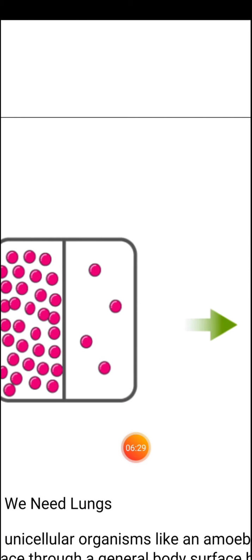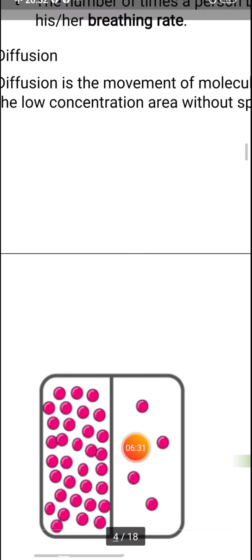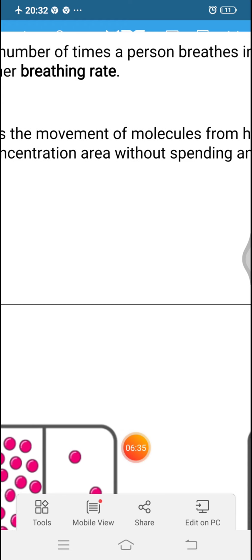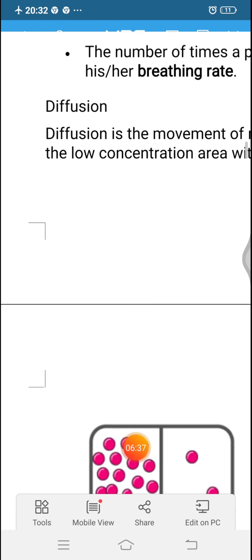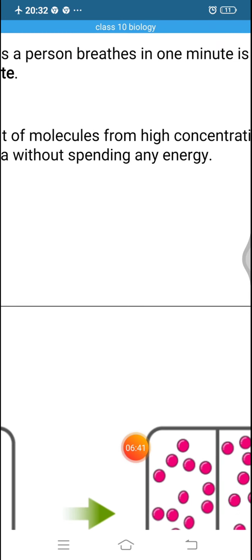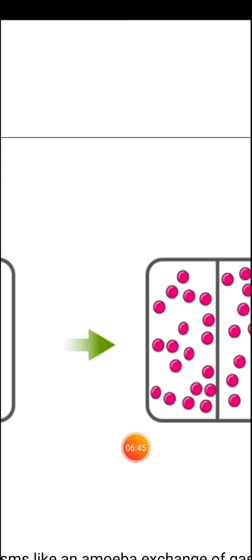This particular process is known as diffusion. That means the movement of molecules from a higher concentration to a lower concentration area without spending any energy. You think about that. If our body is spending energy for breathing, we have to spend more energy for breathing itself.